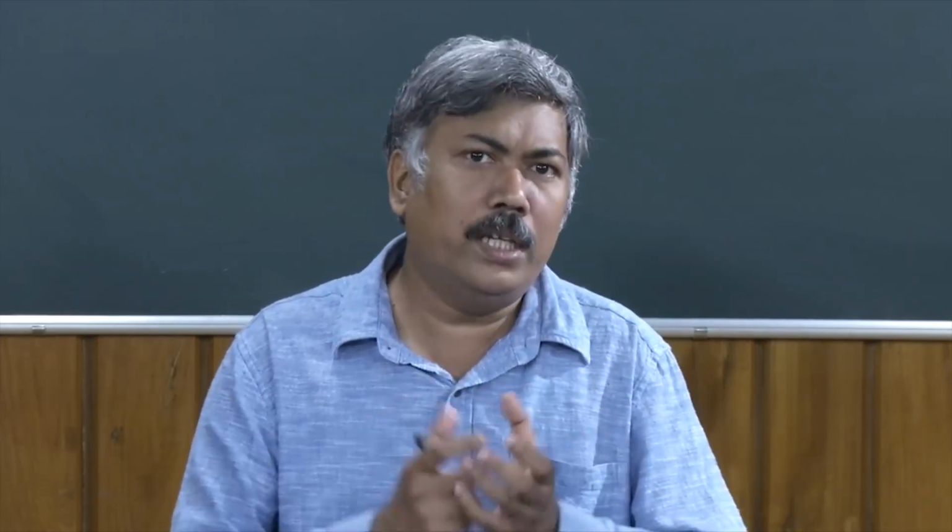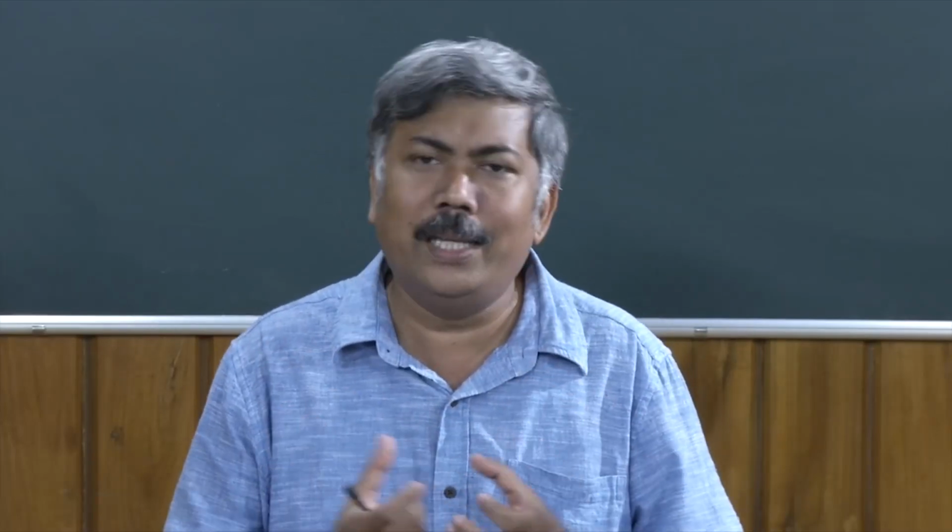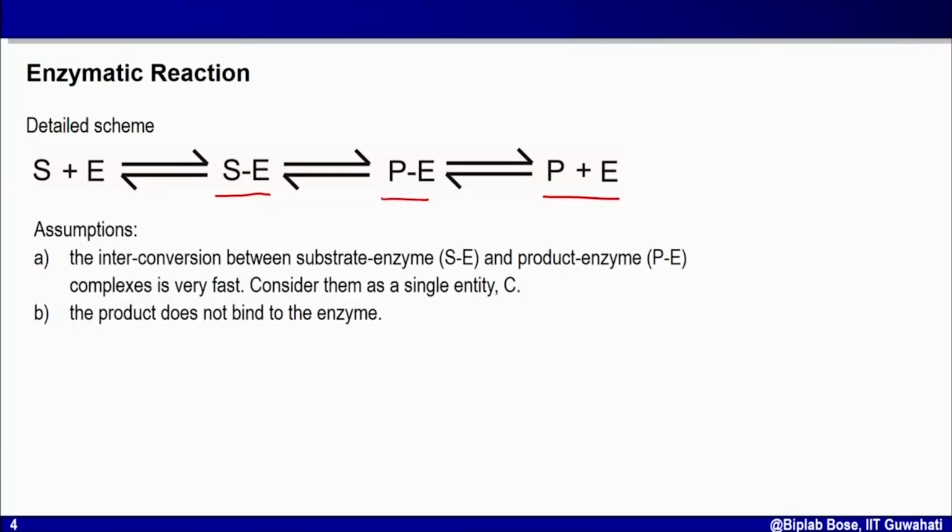So usually in chemistry labs also people will consider both of them together as a single entity and call it the C complex. So I will consider this whole thing as a single thing, C, a complex. I will not separately consider them. And the next assumption, which is also very logical, is that the product does not go back and bind to the enzyme again. That means I am not considering this step as a reversible one.